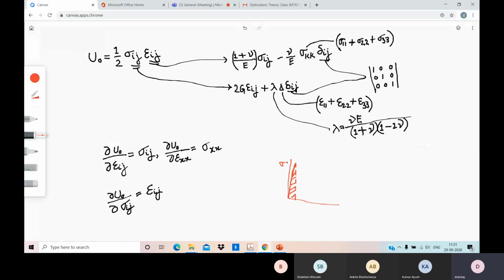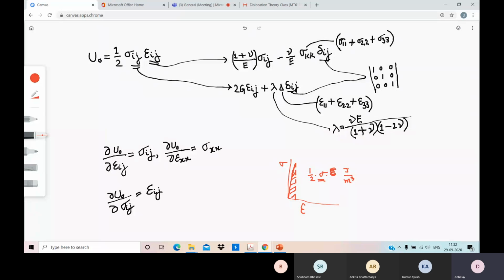So if you have sigma and epsilon, how is the elastic strain energy represented? Elastic strain energy is represented as half into sigma into epsilon, the area under the curve. And the unit, please remember, is joule per meter cube. This is elastic strain energy per unit volume, because stress has a unit of force by area, Newton per meter square. Strain, sorry, this is epsilon.